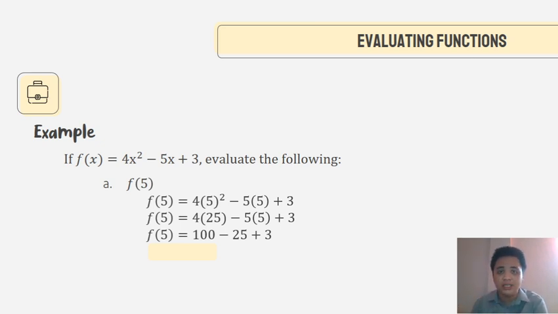Plus 3. Okay, very good. That's 78. So, therefore, our answer for the first question is f of 5 is equal to 78. Okay? Nakuha ba? I hope nakuha ang f of 5. Sige, kopyahin, namnamin, at i-digest.